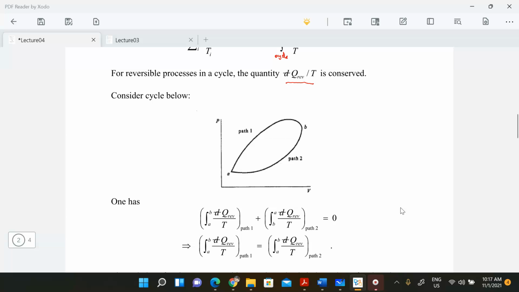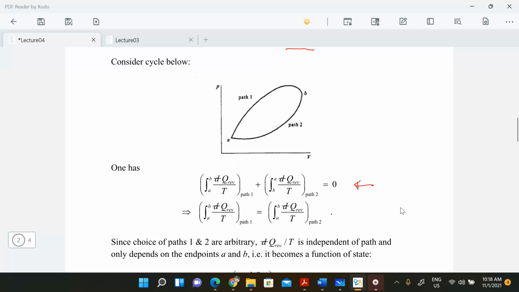Here's a cycle made up of two different paths, from point A to B and then B back to A. You can compose them into different paths: path 1, where the integral goes from A to B, and path 2, going from B to A. This is a cycle, so it equals 0. If I bring path 2 to the other side, it gives a negative, and we can remove the negativity by changing the limits.